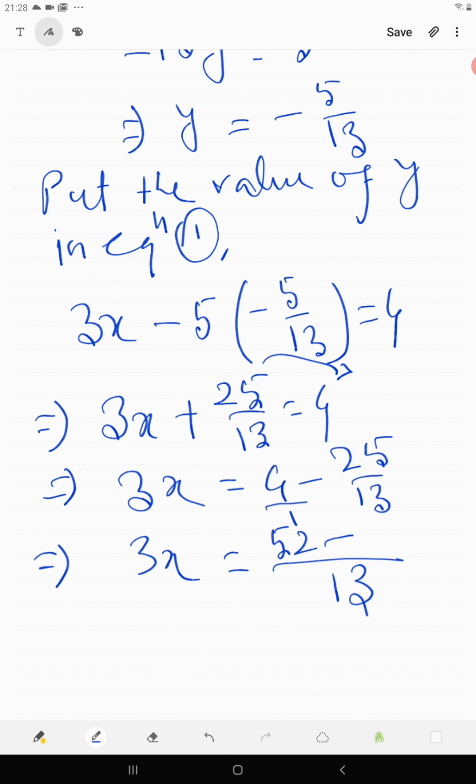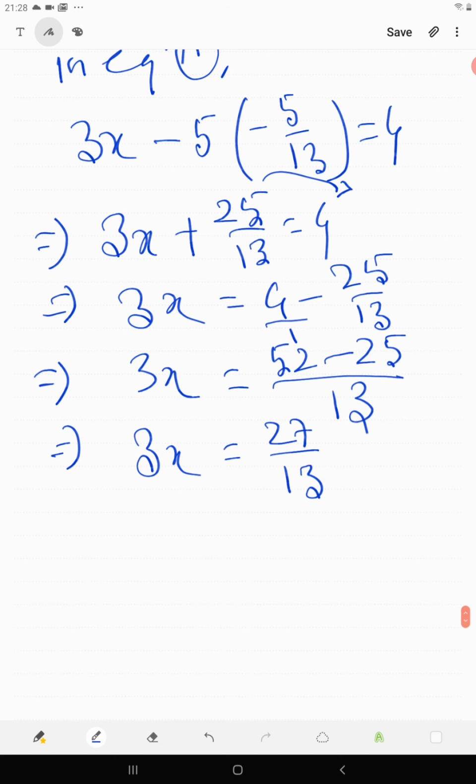Minus, because 4 by 1 it is, so 13 by 1 is 13, so 13 into 4 is 52, and then 13 by 13, 1 into 25 is 25. So it gave me 3x equals 27 by 13. 52 minus 25 is 27. Now 3 is multiplied with x, so it will become division on the right hand side.